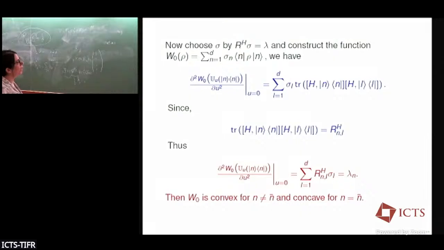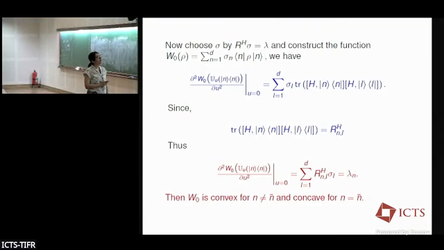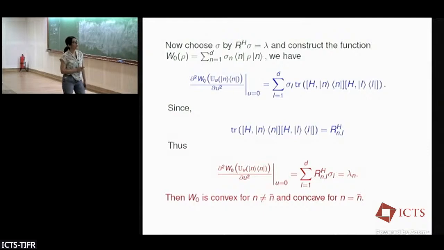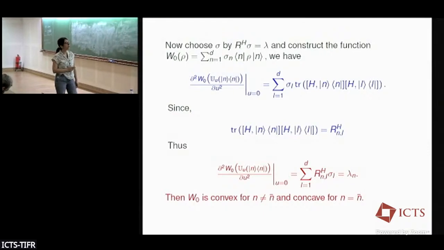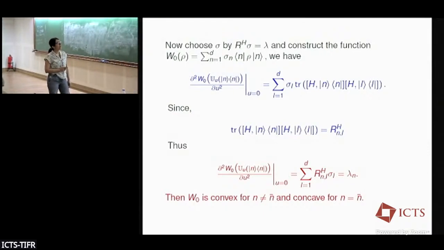So here, why do we talk about the Laplacian and so on? In fact, if you look at this Lyapunov function, and at its second derivative when you apply the control, the superoperator of the control at the state nn, you get the sum of sigma L, and this corresponds exactly to the element nL of your Laplacian.